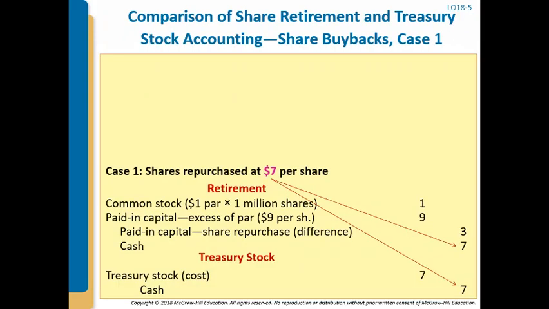And so in our first example, the company repurchases stock at $7 per share. Now notice in the case of treasury stock, you're simply going to record the cost to a contra equity account called treasury stock.